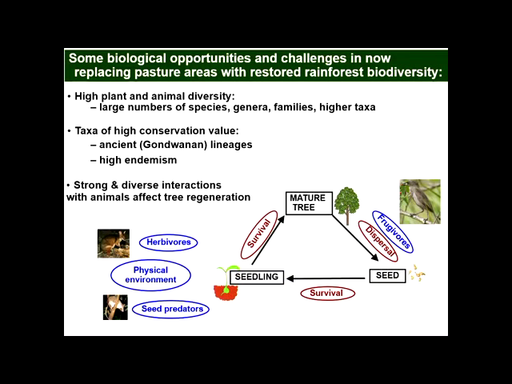Seedlings have to grow, and in order to do that, they have to survive. And interactions occur firstly in the dispersal stage with frugivores, and secondly in the seed and seedling stage with seed predators and herbivores, as well as the role played by the physical environment. And so the issue is, how do the traits of plants intersect with those processes in order to enable forest to regenerate?